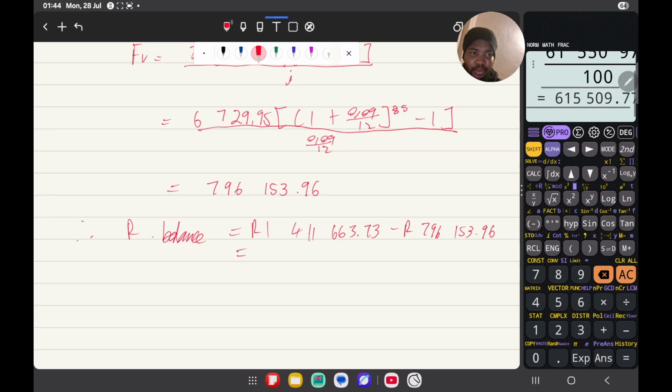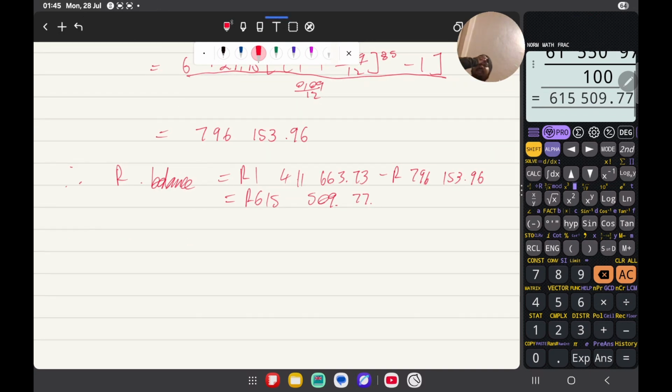And therefore the amount that still remains is that much. It's 615,509.78 or 77 cents. Right, that is the amount that would be left.